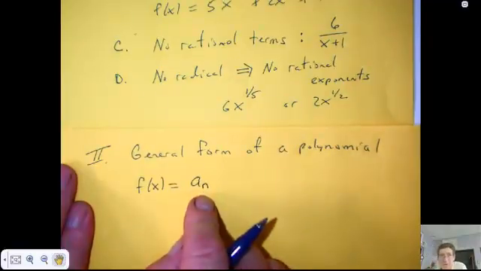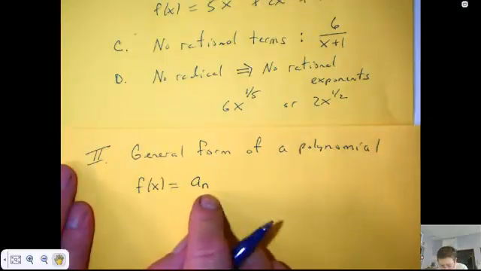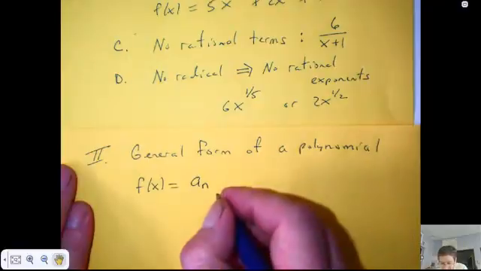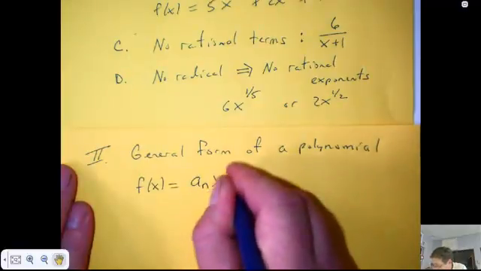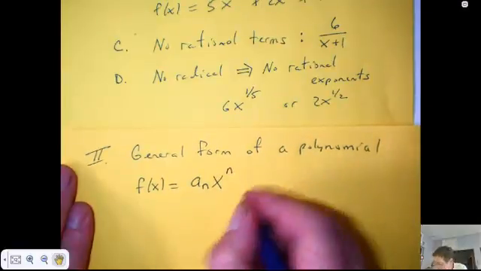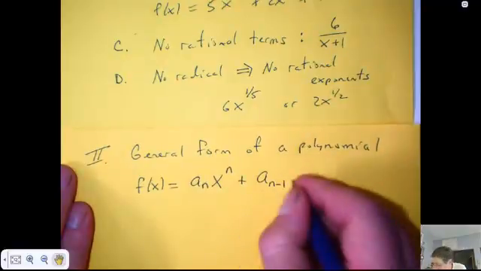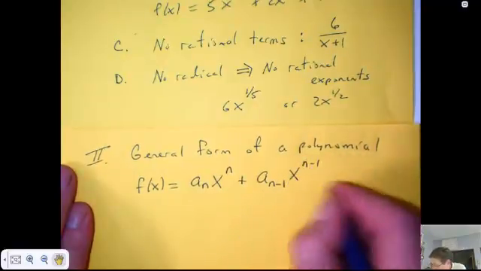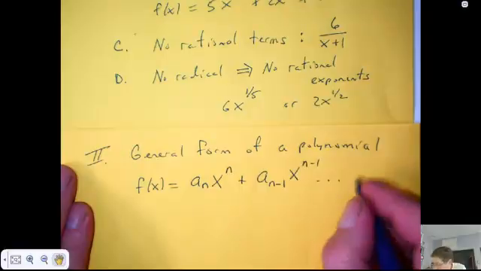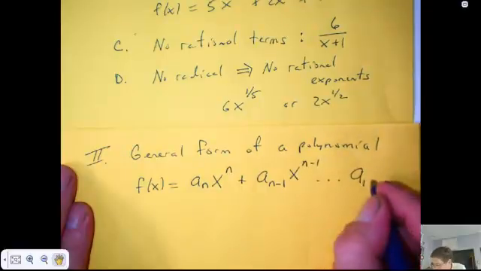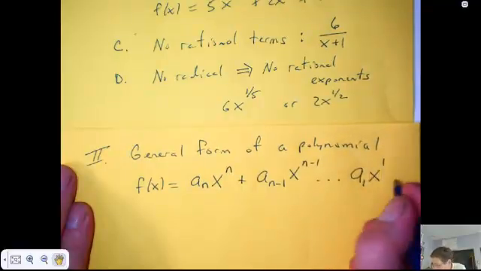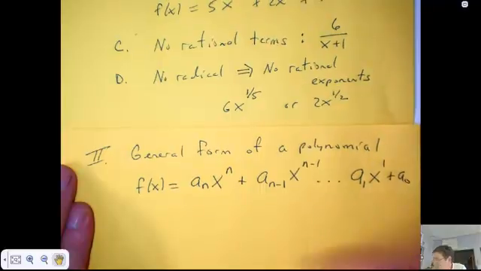We're going to put little subscripts on our variables just to make them different. A simple numbering system. So n is just a natural number, x to the n. And then it just keeps going, a sub n minus 1, x to the n minus 1. Just keep counting down. We count all the way down till we get to a sub 1, x to the first, and then a sub 0.